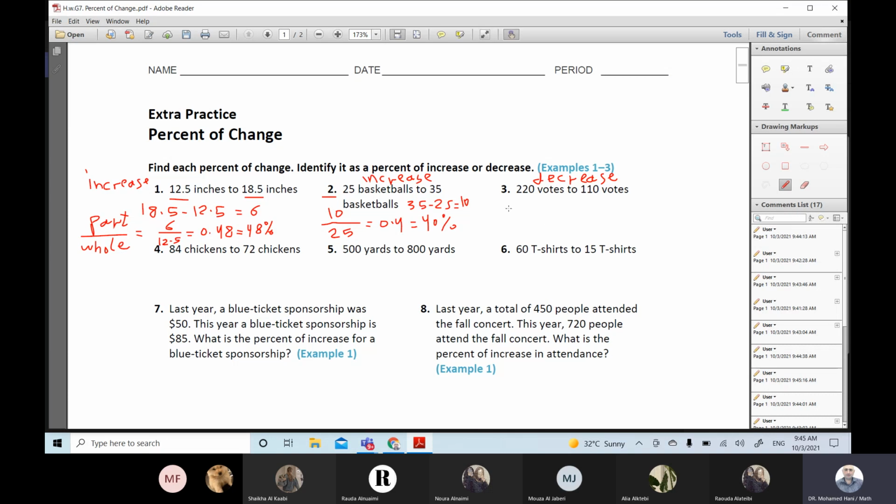Now we want to find the amount of decrease. We have 220 minus 110. So the answer will be 110.